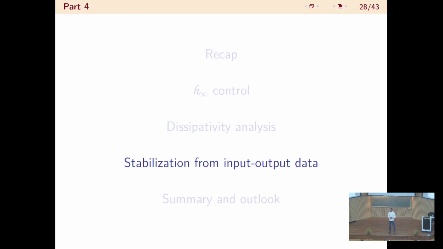So what shall I do? Well, I go to the classroom and I start writing things like, okay, let's look at the system x dot is equal to Ax plus Bu, y is equal to Cx, where u is input, x is state, y is output.